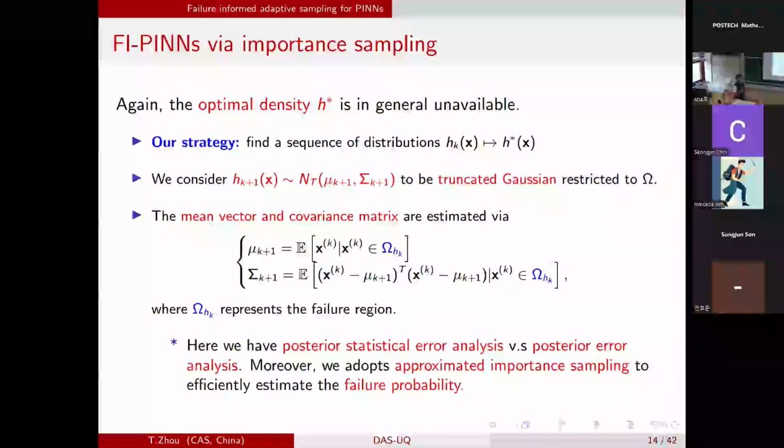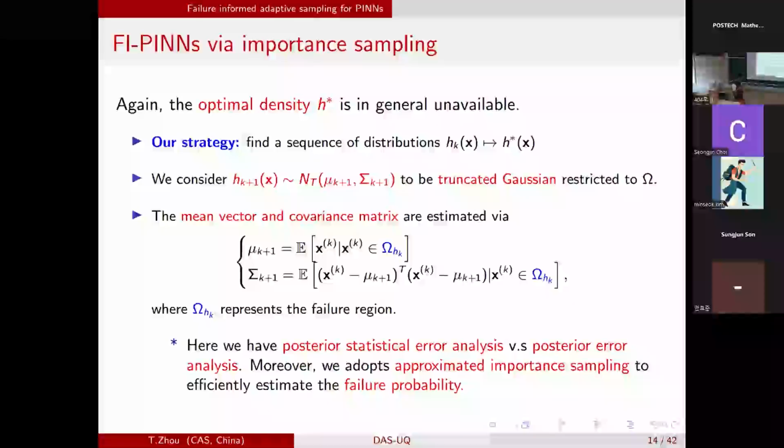In each iteration, you can simply use a very simple random variable to model the optimum density. The optimum density is very complicated; you have to use the whole information of the residue. But you don't need to do that. You just need to use a very simple random variable. Suppose in each iteration I just use a truncated Gaussian.